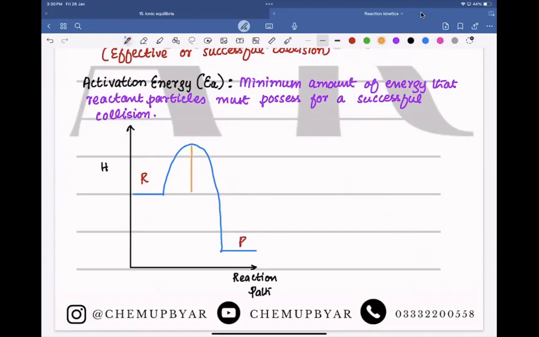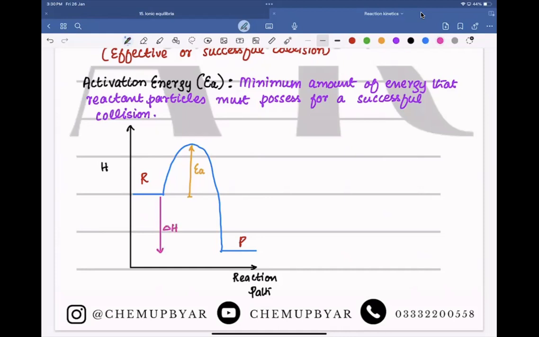From reactant till the highest point, it is activation energy, that is without catalyst, right? And from reactants till product, it is enthalpy change.